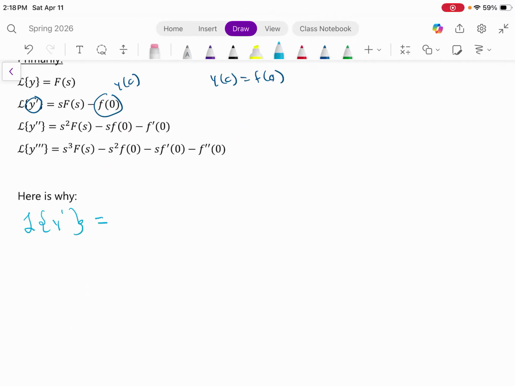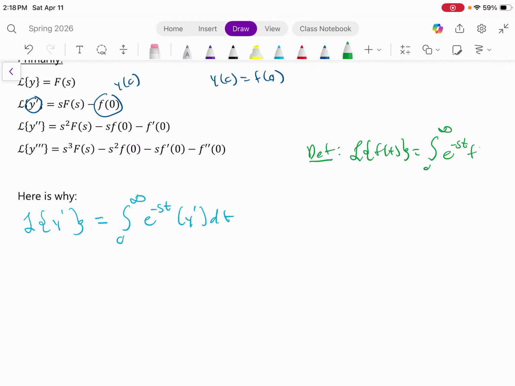So what's the definition of a Laplace transform? So remember, it's the integral from 0 to infinity, e to the negative st, and then times y prime. Okay, so maybe I could write that down: definition, the Laplace transform of a function is the integral from 0 to infinity, e to the negative st times the function.